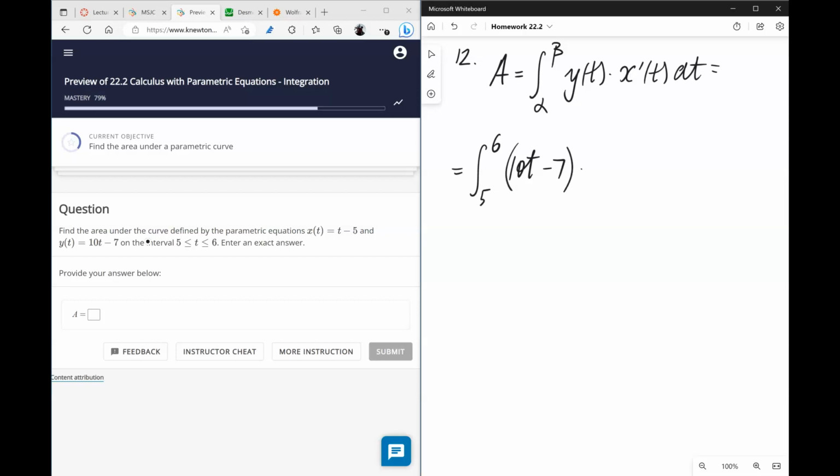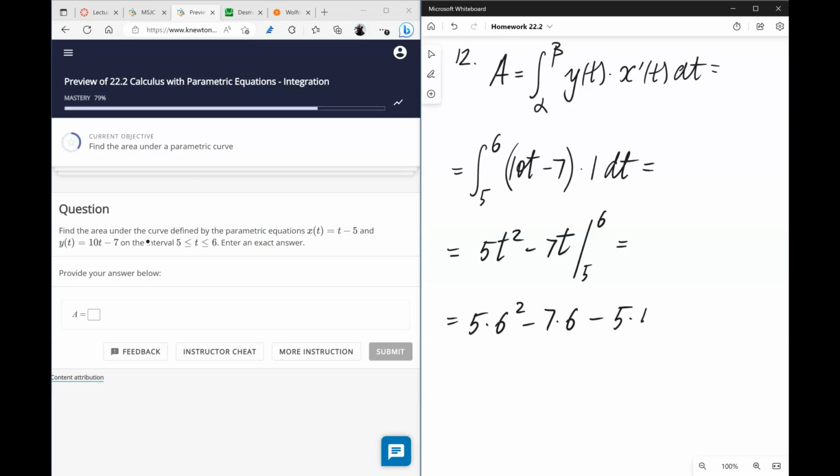And x prime of t is just 1. So the answer is 5t squared minus 7t from 5 to 6. 5 times 6 squared minus 7 times 6 minus 5 times 5 squared plus 7 times 5.